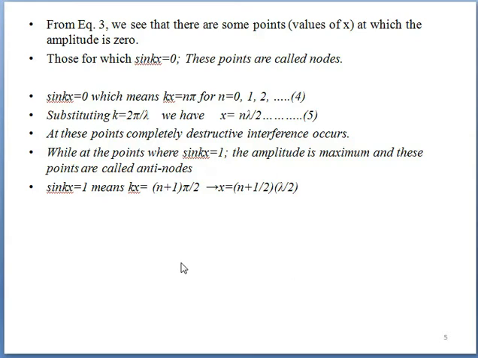For x equal to 0, at the fixed end of the string, there will be a node. For n equal to 1, there is half a wavelength beyond x equal to 0, and again you will find a node, and so on. And at these points completely destructive interference always occurs.